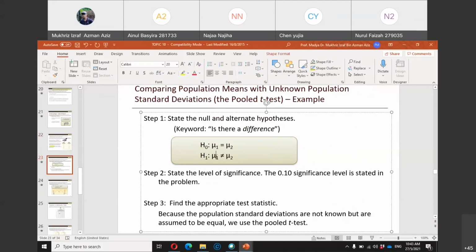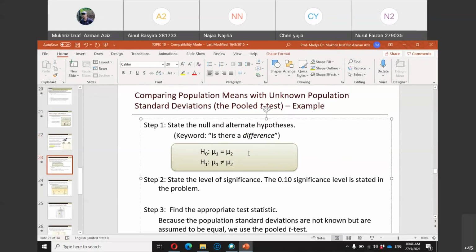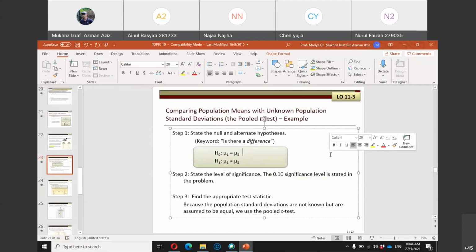In this example, if you look at the slide, they only use the subscripts 1 and 2. But one of the weaknesses of how they design the H1 and H0 is that you do not know what 1 and 2 are. So if you were to answer something like this, you need to use the appropriate subscripts, as you saw in the previous example on the Z testing, on the standard scan and also the U scan.